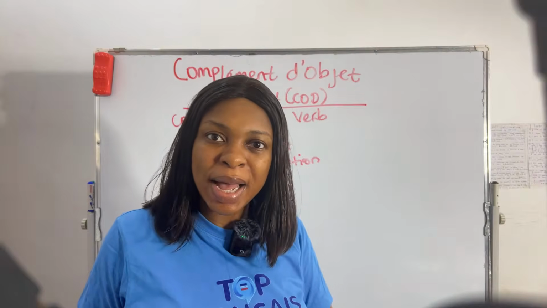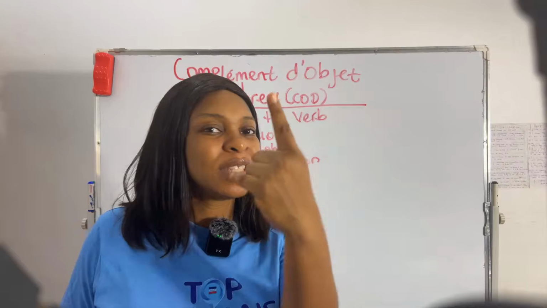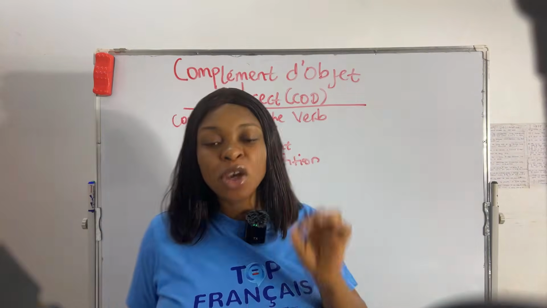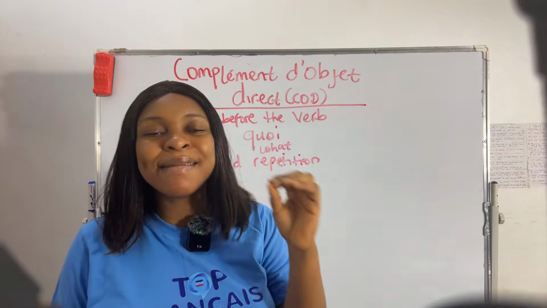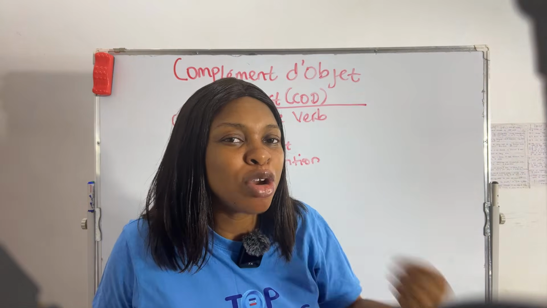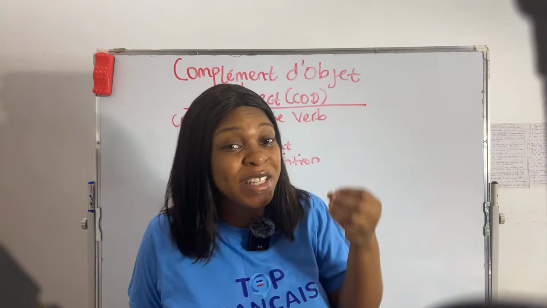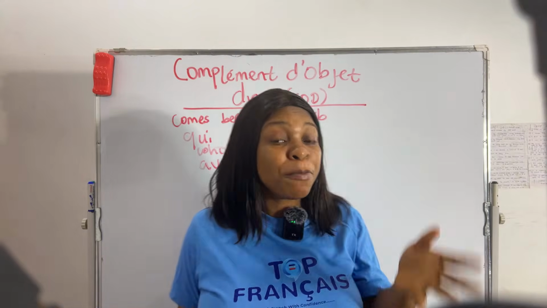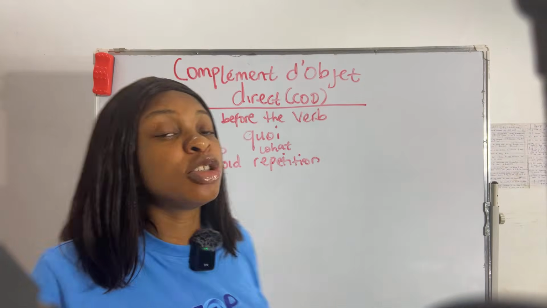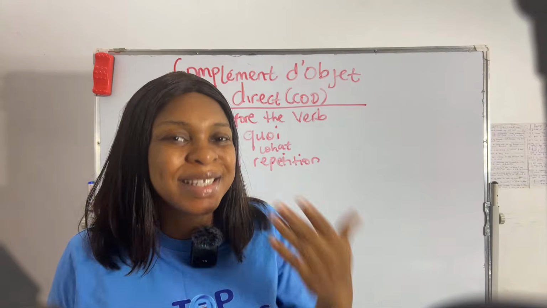Who are you seeing? Mark. You are eating the apple. What are you eating? The apple. That is the COD. Then lastly, we use COD to avoid repetition. C'est pour éviter la répétition dans une phrase. On utilise COD afin d'éviter la répétition dans une phrase. So we use COD to avoid repetition, to do away with repetition in a sentence.